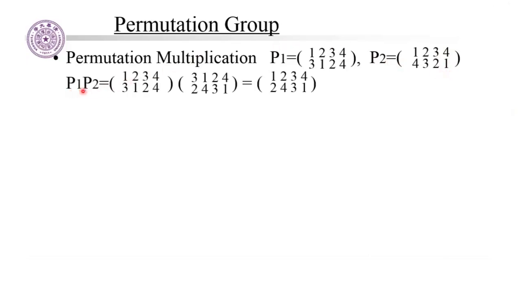Let's first look at P1 times P2, because we first transform 1, 2, 3, 4 into 3, 1, 2, 4. Then P2 means to transform 1, 2, 3, 4 into 4, 3, 2, 1. To combine with P1, we tidy up P2: 3 is transformed into 2, 1 into 4, 2 into 3, and 4 into 1.